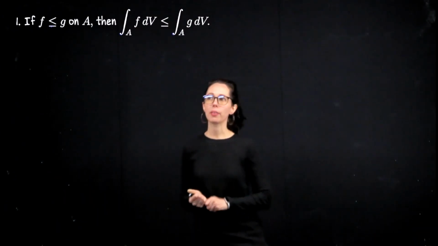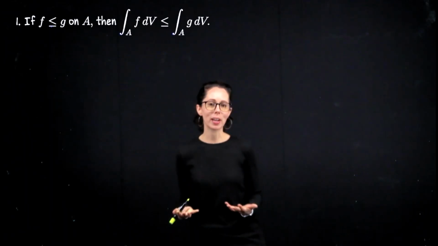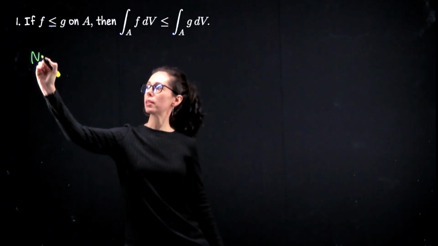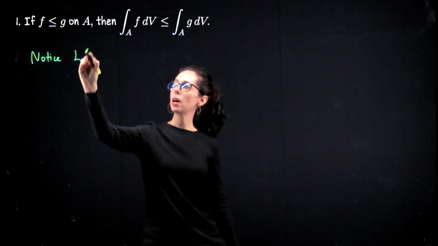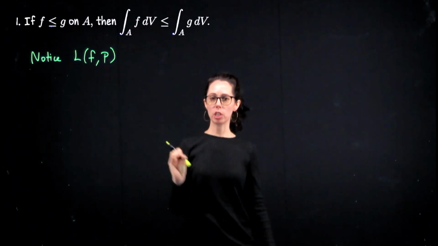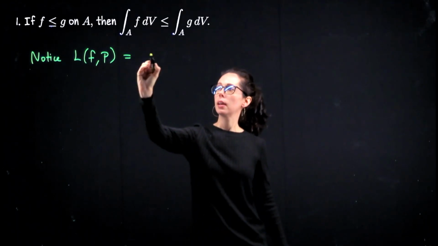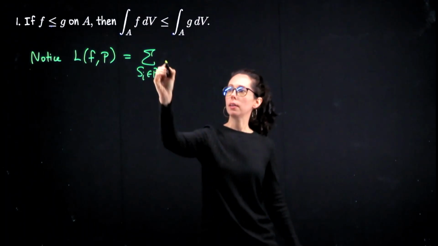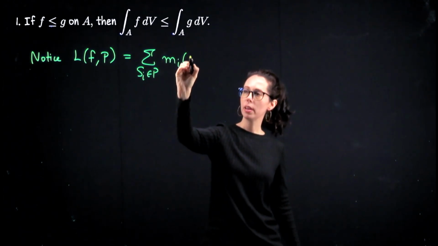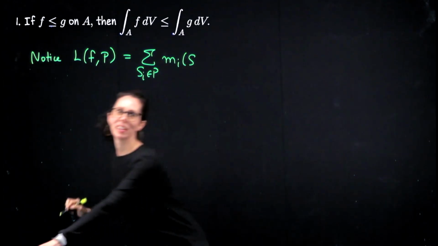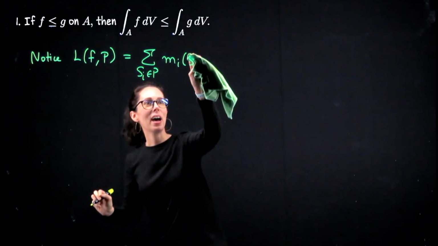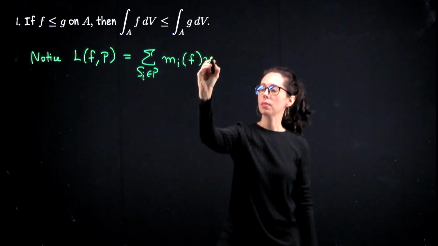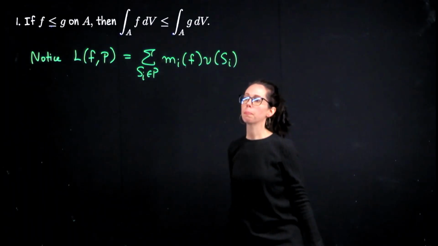Now that we have observed how the infima of these two functions relate to each other over any possible subrectangle of any possible partition, we can start talking about their lower sums. So notice the lower sum of f with respect to the partition that we were just looking at is computed as the sum over all subrectangles created by the partition of the infimum of f over each subrectangle, M_i of f, times the volume of the ith subrectangle.